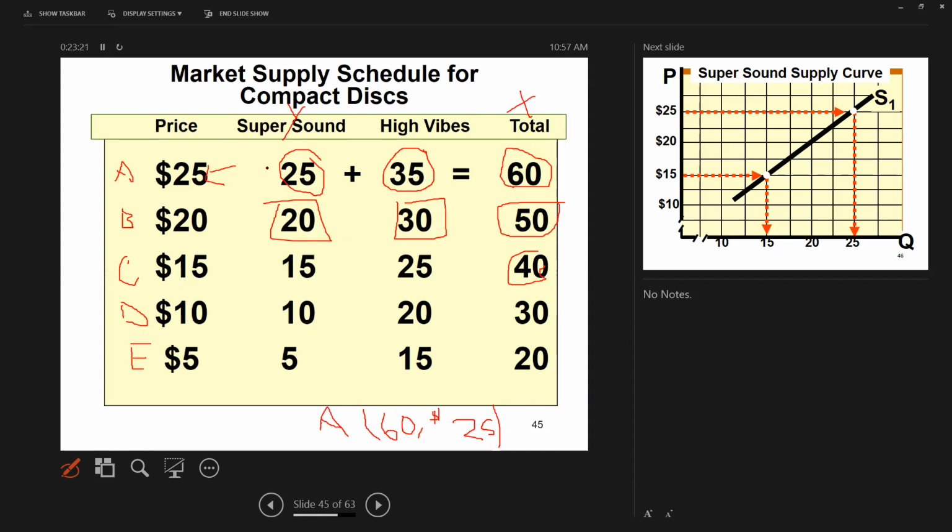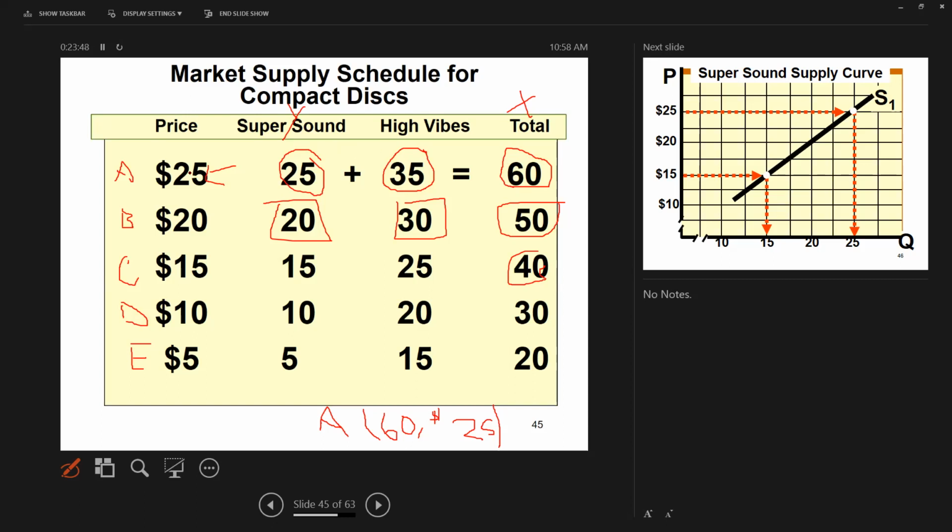So Parker, what we're doing here is the market supply curve. Its X value is the total quantity supplied on the market. These are two individual suppliers, Super Sound and High Vibes, in the market for CDs. And this is the price. At a price of $25, Super Sound would offer 25 CDs on the market. High Vibes would offer 30. They're the only two suppliers in this market.